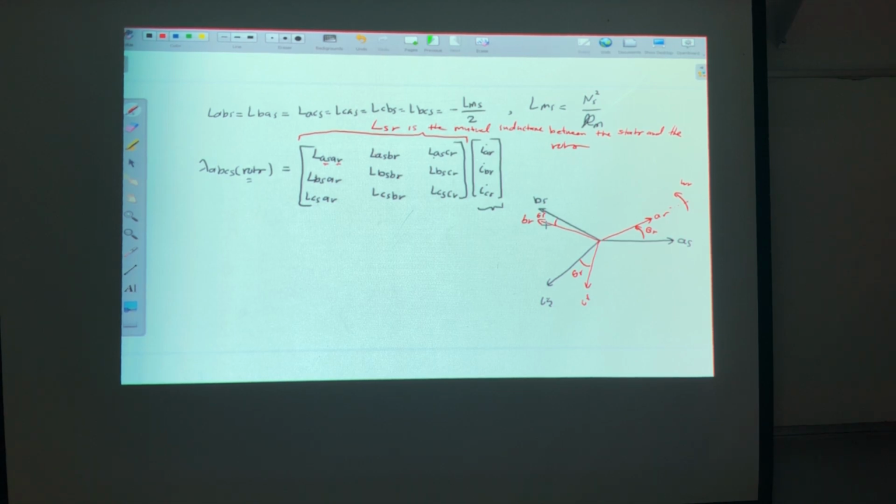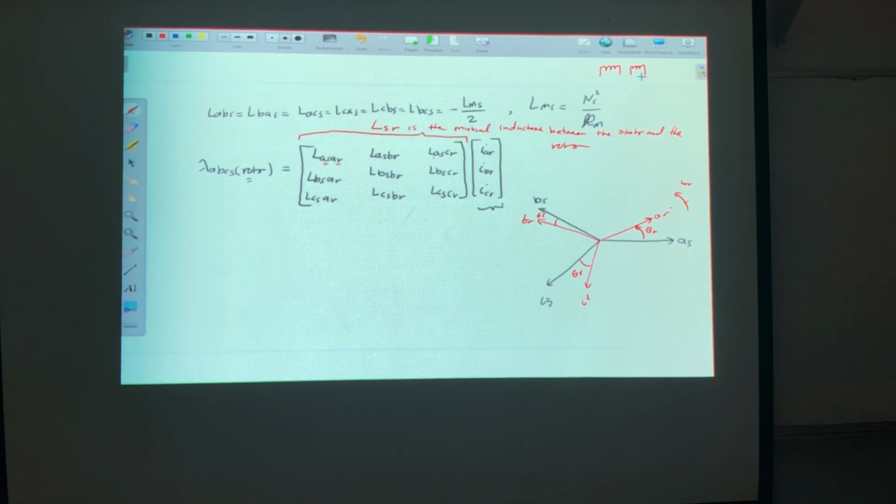Okay. Now let's see. If I'm having 2 inductors, let's assume this is the first one and this is the second one.